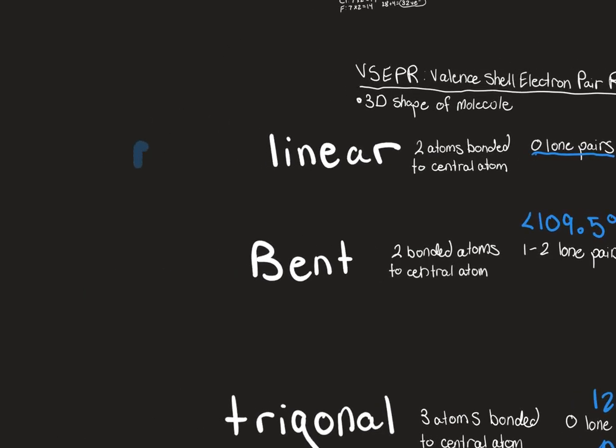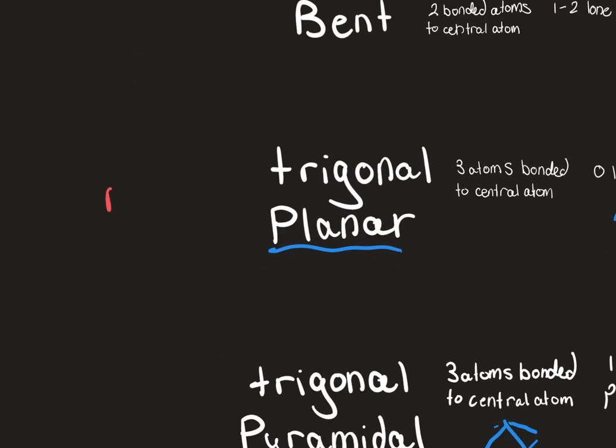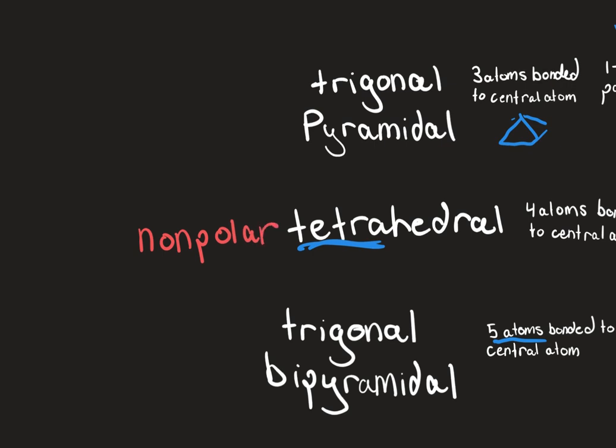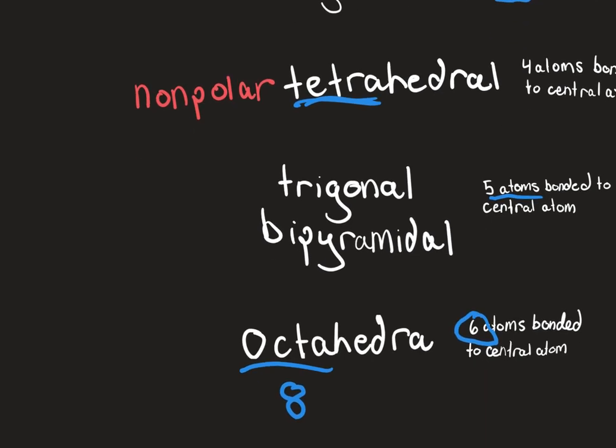So linear will be nonpolar. Trigonal planar will be nonpolar. Tetrahedral is nonpolar. Trigonal bipyramidal is nonpolar. And octahedral is nonpolar.